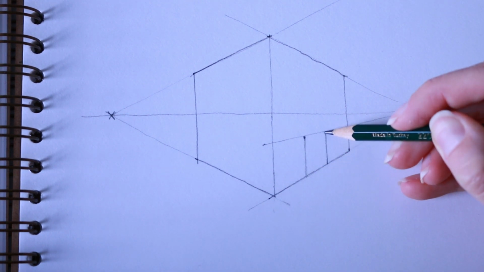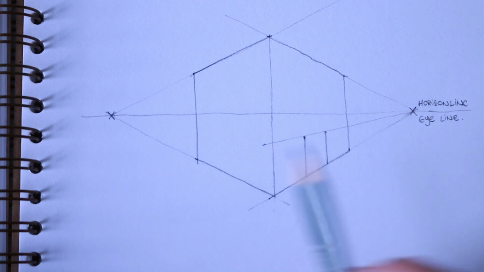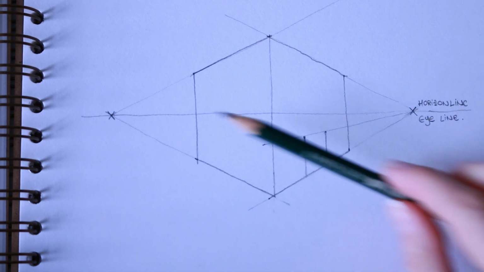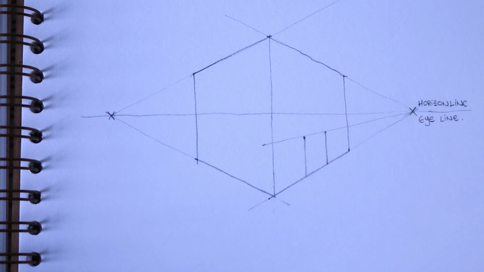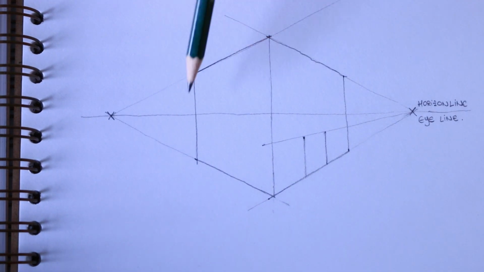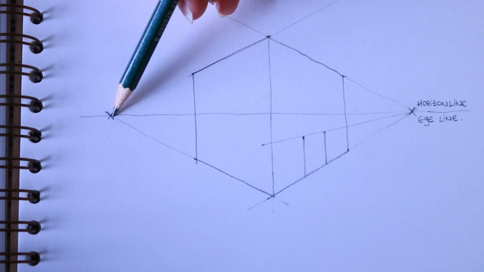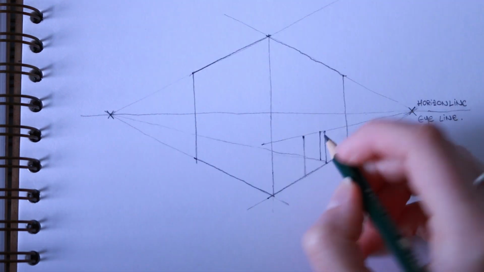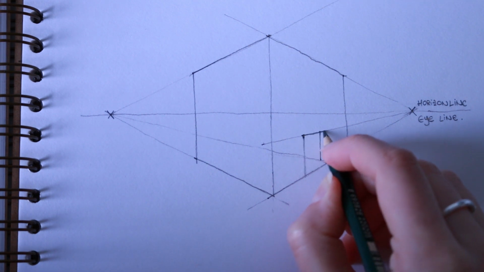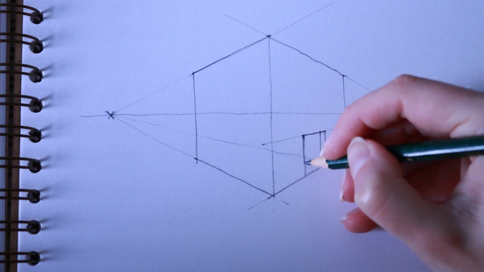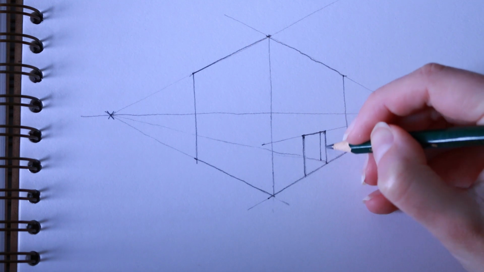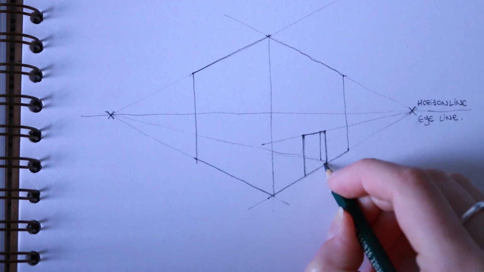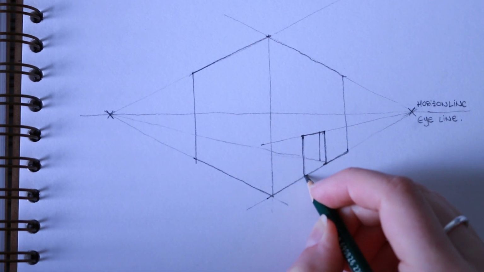Okay, now we know that, let's say this is our door, but now we want a bit of depth. When you want to get some depth in your building, we have to go on the other side, right? So we are going to use the other vanishing point. So there you have it, a simple door, and it looks perfect in perspective. You can't get it wrong this way. All your drawings are going to look perfectly correct.